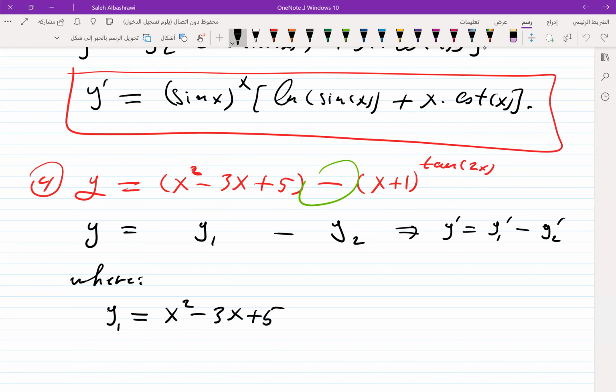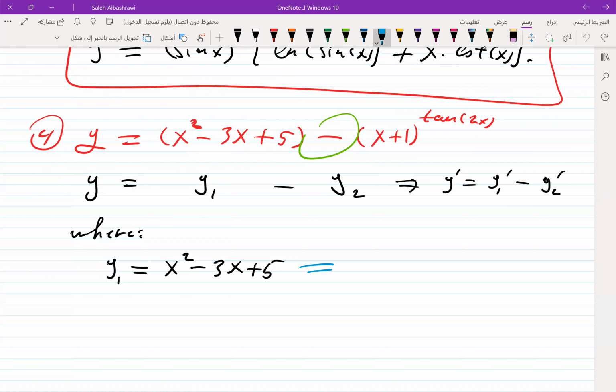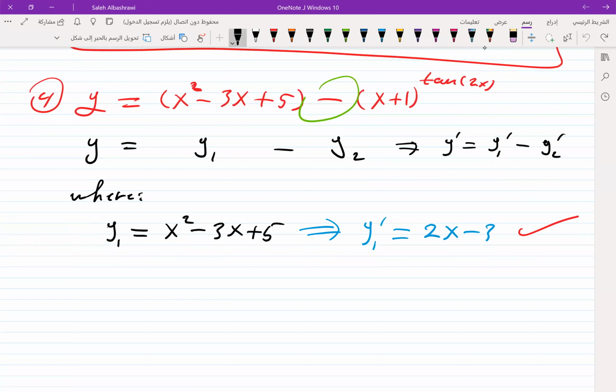For this one, it is very easy to find the derivative. If we differentiate, y1 prime will be 2x minus 3. So the derivative of the first part is done. Now let's see the second one. y2 is equal to x plus 1 to the power tangent 2x. This is of the form a function to the power of another function, so we have to take ln to find the derivative.